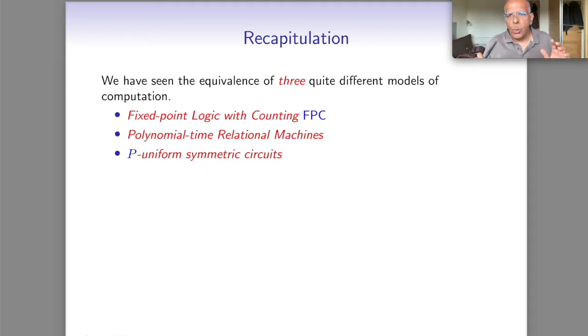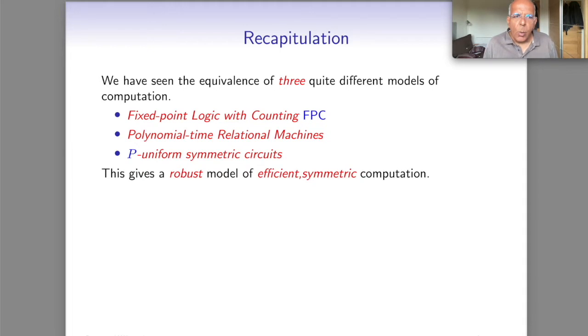Okay, so one in terms of machines operating on relational structures, one in terms of logic, one in terms of symmetric circuits, and they all give you exactly the same thing, which suggests that we have a robust model of efficient symmetric computation.